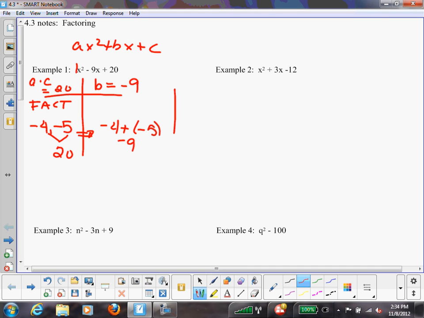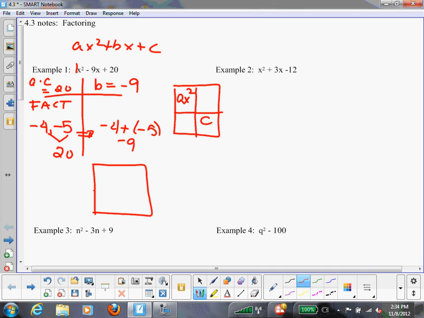Okay? So in our square, we're going to put our ax squared here and our c here. So here I'm going to put 1x squared, and here I put 20.